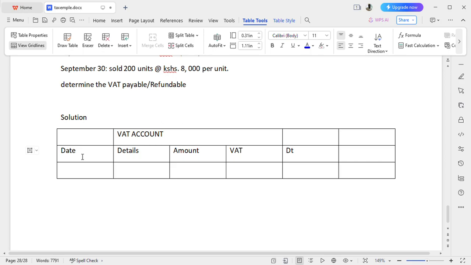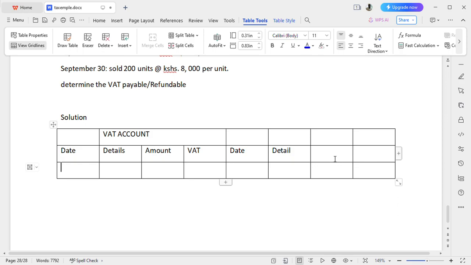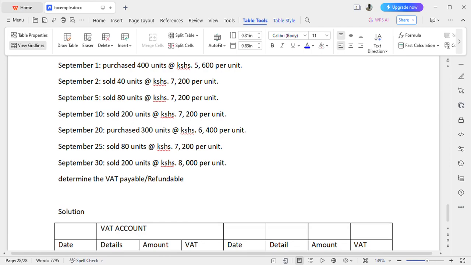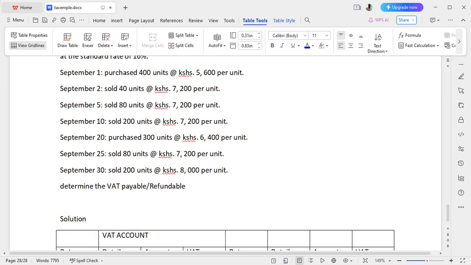Date, detail, amount, then VAT amount. So first, we have the purchase of 400 units at 5,600.